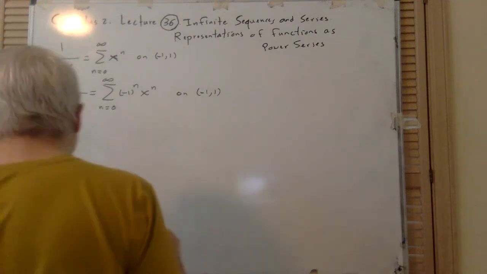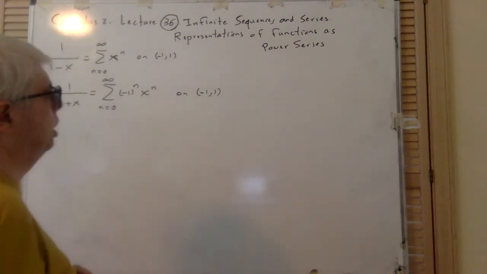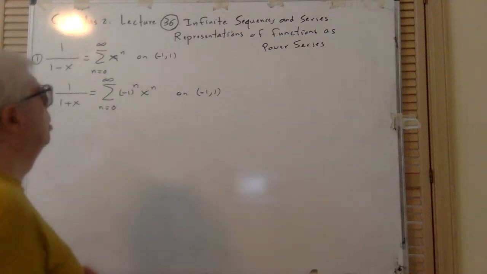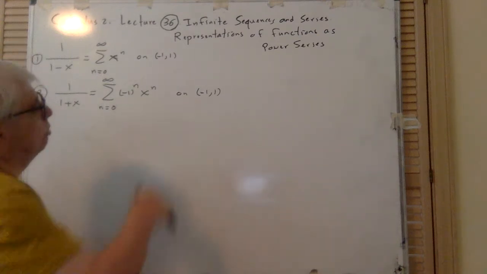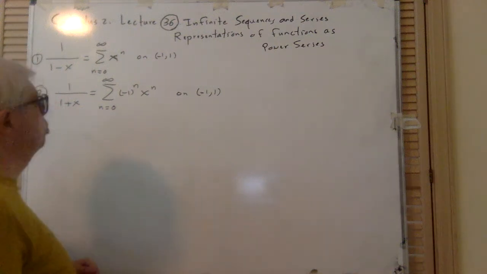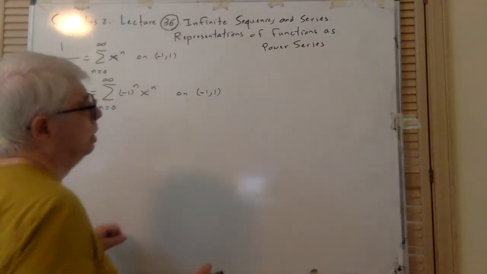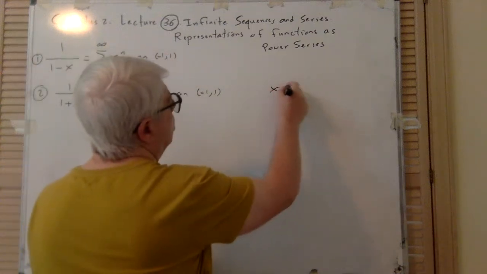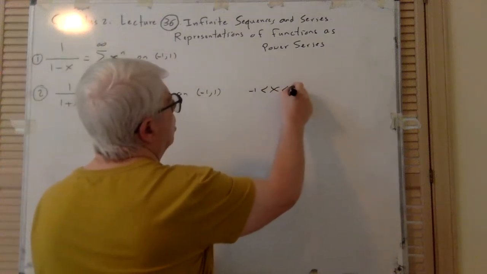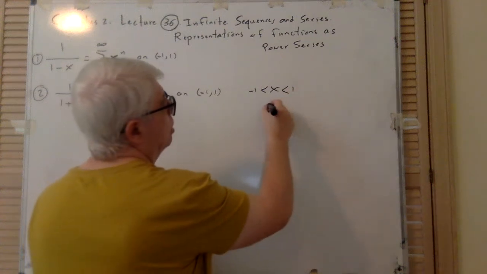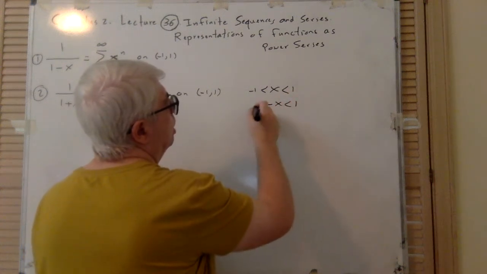Let's look at this thing and see if I can say something. So this is again when x is between -1 and 1. Minus x between -1 and 1 implies that x is between -1 and 1, because when multiplied by -1, everything flips.